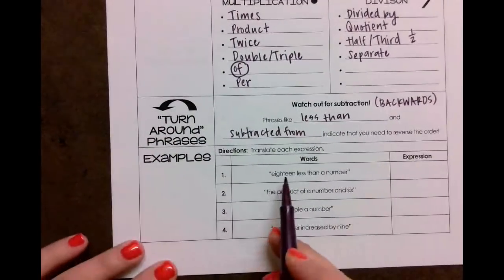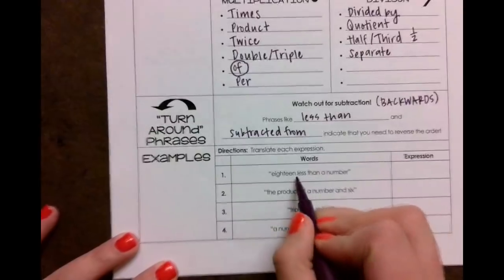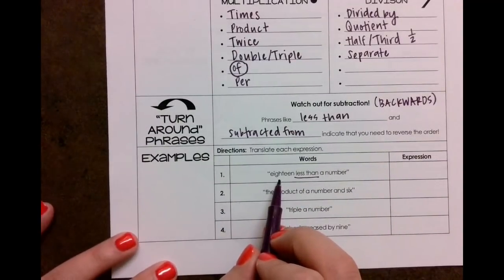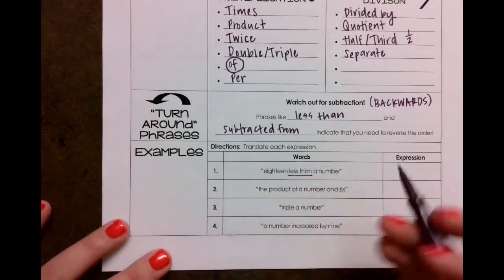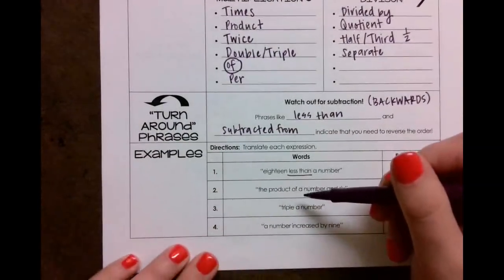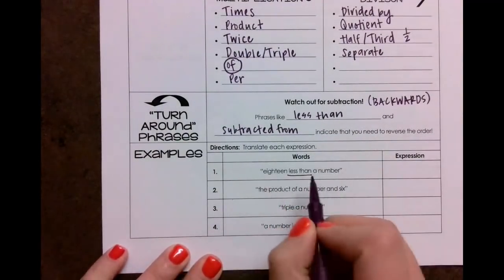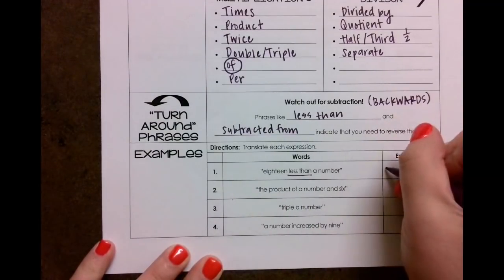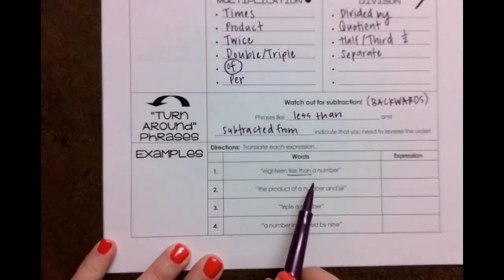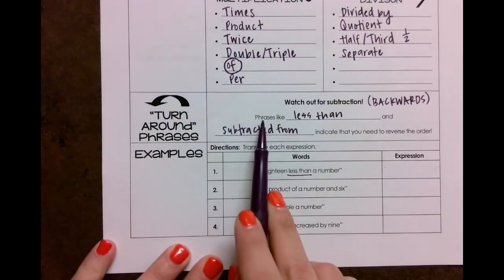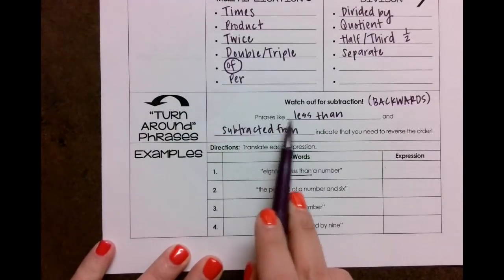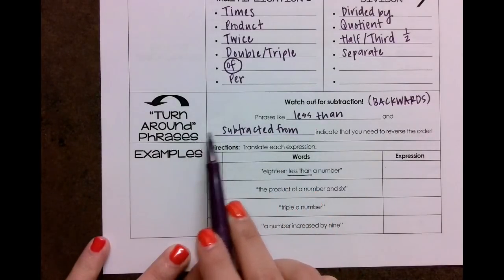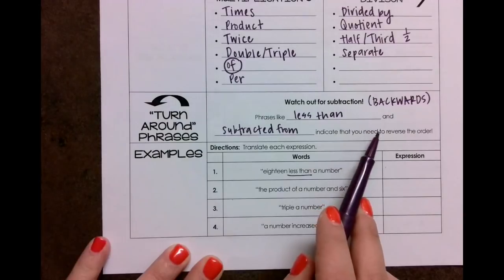So 18 less than a number. Notice the directions: translate the expressions. So we're going to translate these words into a math expression. Now, remember, phrases like less than mean I'm going to turn around and reverse the order of my expression.